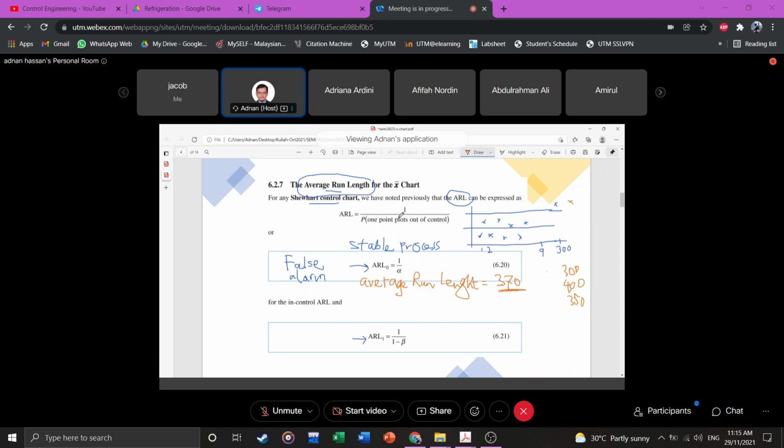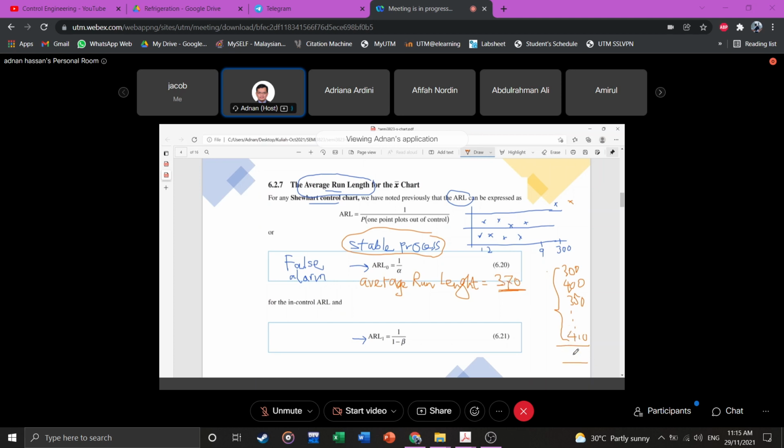The process is stable, so every point is supposed to be inside, but because of sampling, we might have a false alarm. Maybe another one hits at 410, but on average, if we have enough samples, say we run the process 30, 40, 50 times, the more samples we have, the closer to 370.